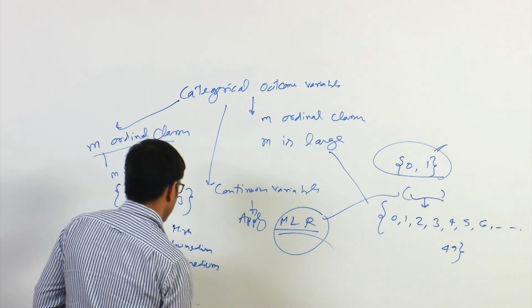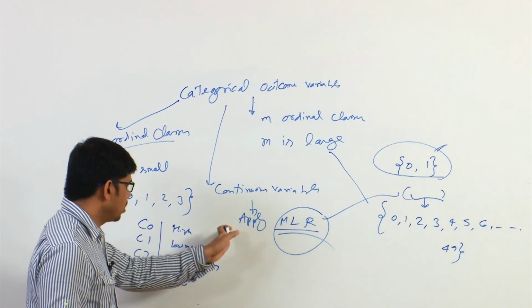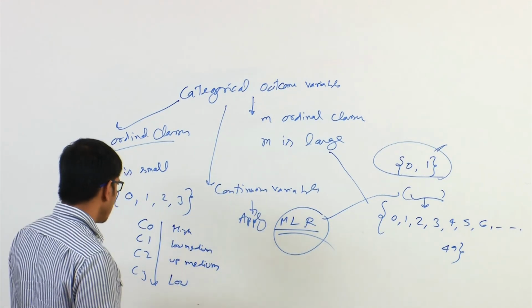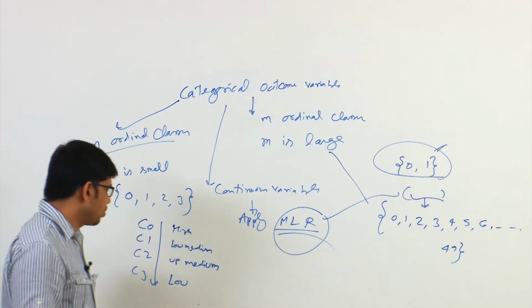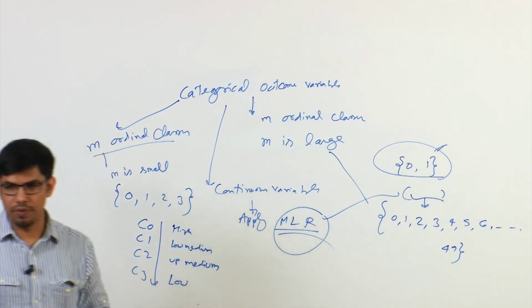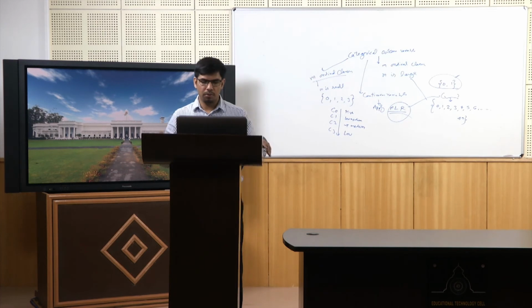Or we might have strongly agree to strongly disagree. For those kinds of ordinal classes where the order is meaningful, we can have these cumulative probability values, and beta coefficients can be used.